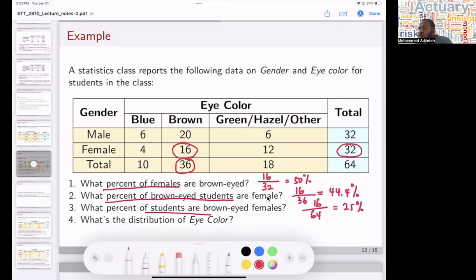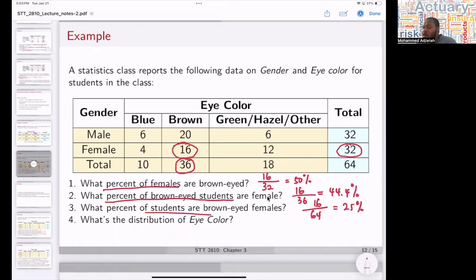The next thing we want to do is to compute the distribution of eye color. So now we are trying to find the marginal distribution of eye color.